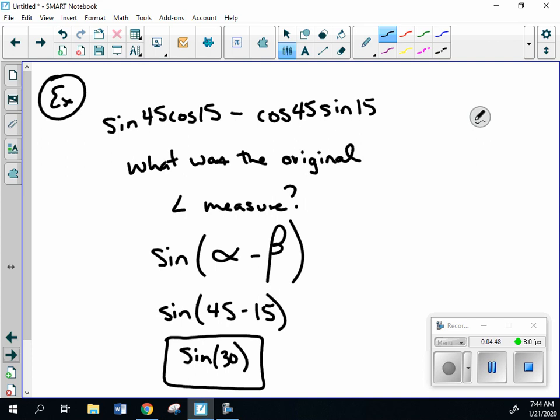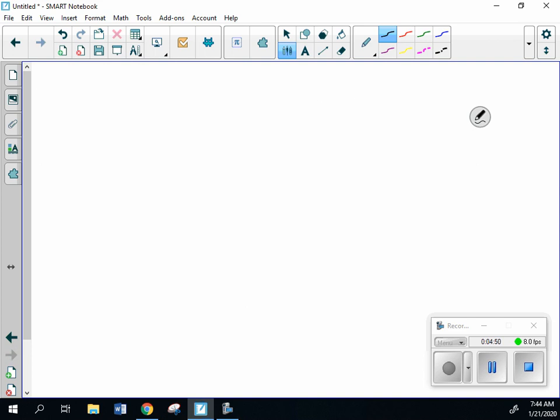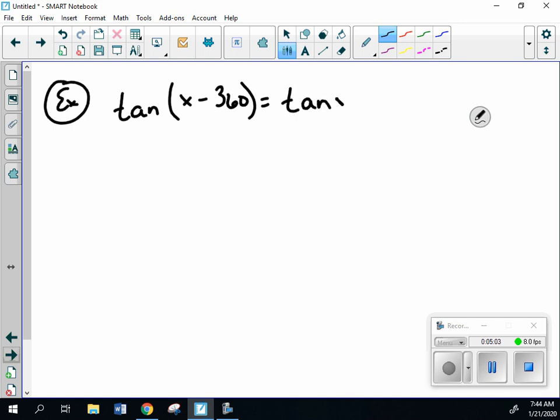Sometimes you'll be asked using those sum and difference formulas to verify or prove, which we've been talking about. Lots of fun. Let's say I have tangent of x minus 360 equals tangent x. So we are verifying that.